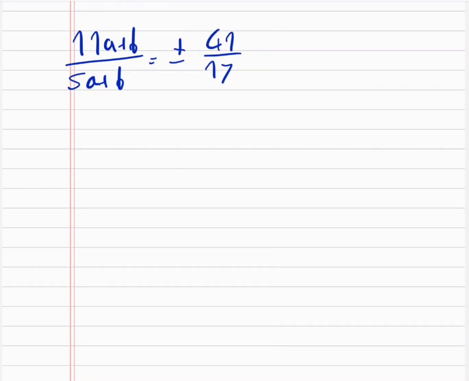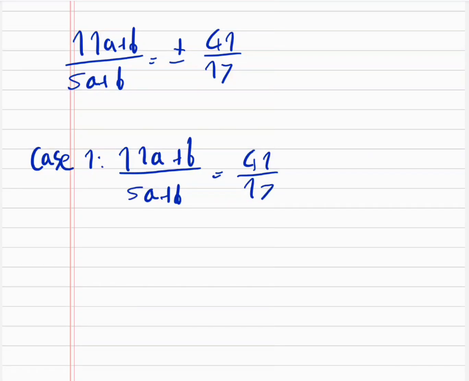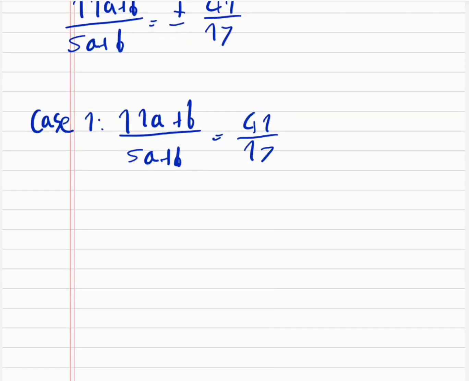Let's first look at the first case, when we have positive. So (11a + b) over (5a + b) is equal to 41 over 17. Now we just need to solve this equation by cross multiplication. 17 times 11 gives 187a + 17b, which is equal to 205a + 41b.